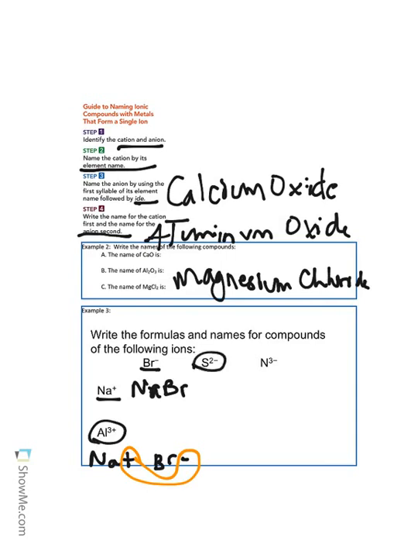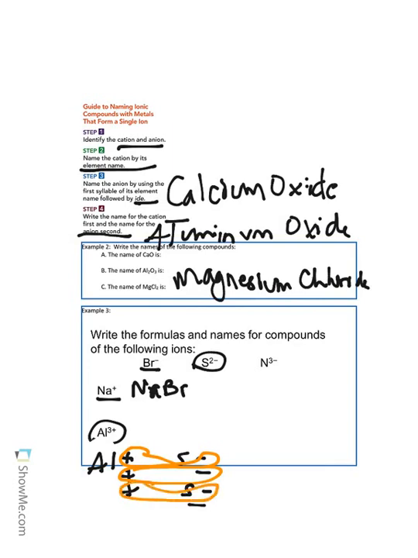Now let's look at pairing aluminum and sulfur. Aluminum has a +3, and sulfur has a -2. So if we look at this here, 1 positive cancels 1 negative. We have 1 positive left over. Therefore, we need to add another sulfur with its 2 negative charges.